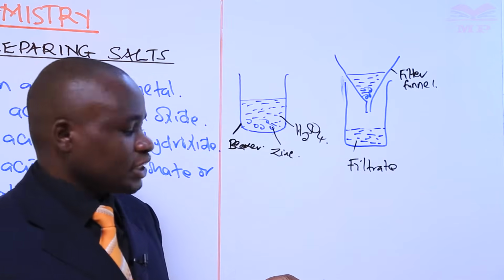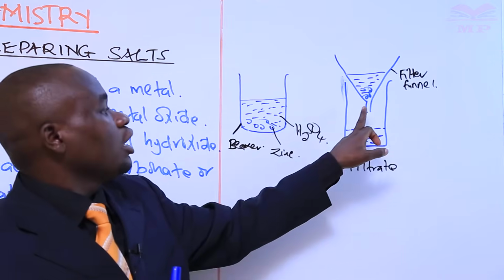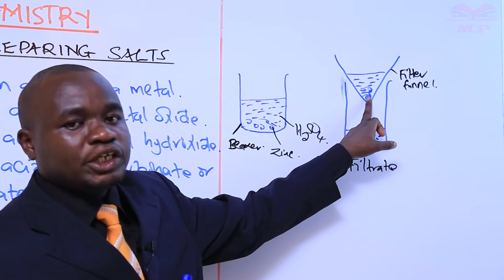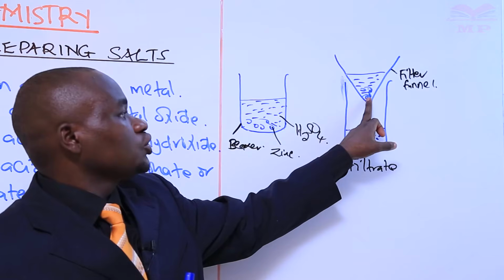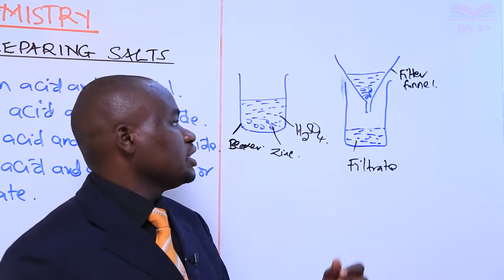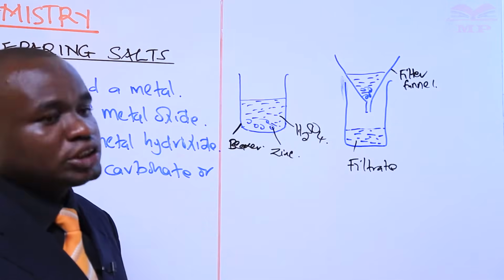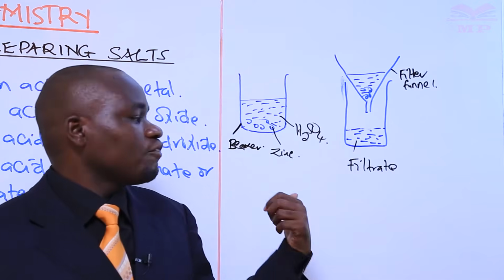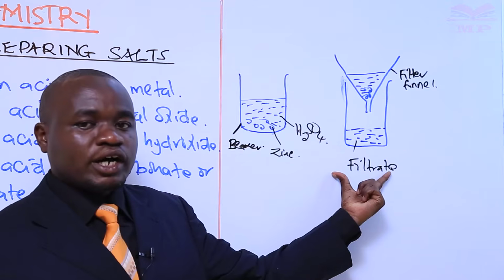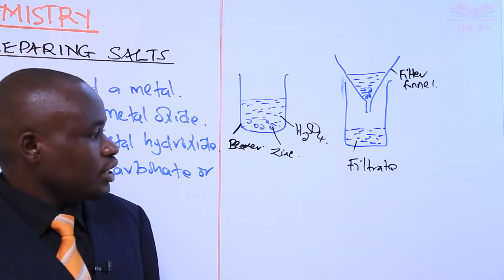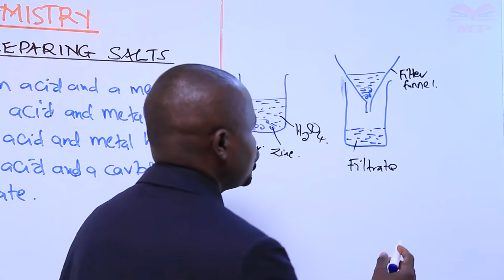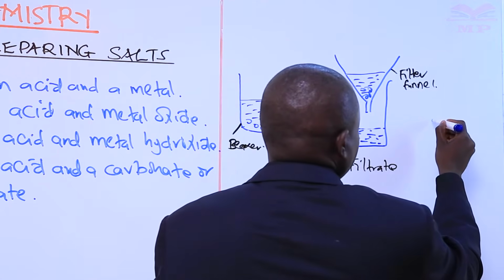So the unreacted zinc will be left here in this filter funnel. Of course, it's going to remain on the filter paper that we are using. So that's how we shall separate the filtrate from the unreacted zinc. After which, you now transfer this filtrate onto an evaporating dish and carry out evaporation.